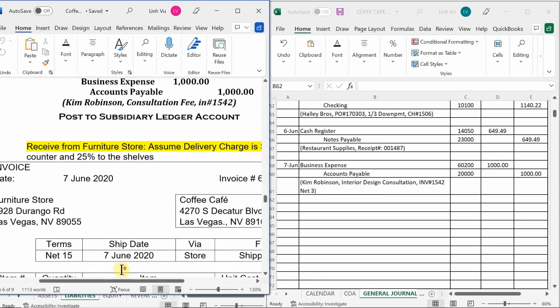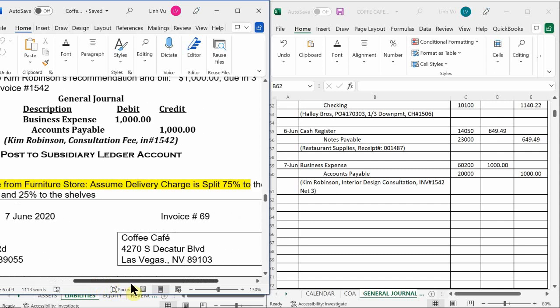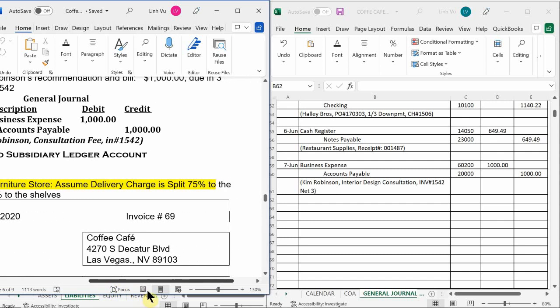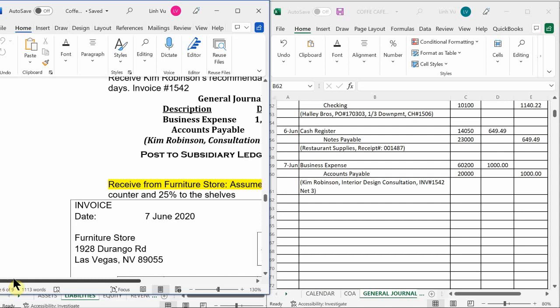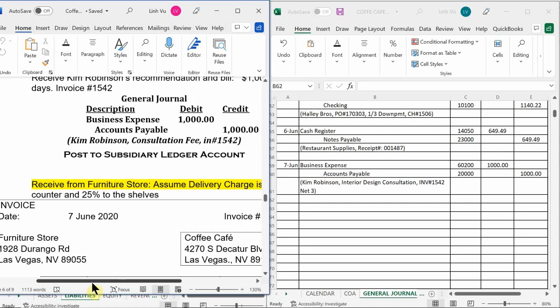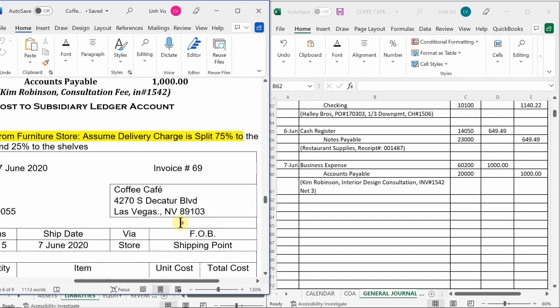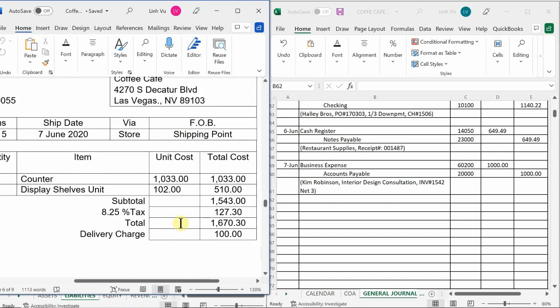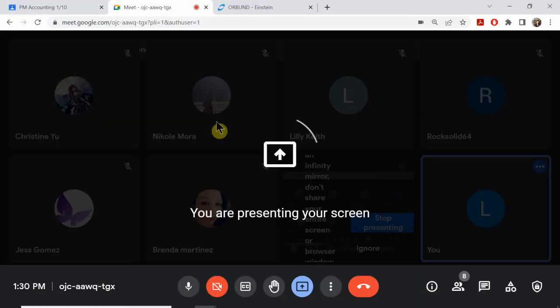Another thing that you need to know here is that at the top, it tells us that we are going to be splitting the shipping 75% to the counter and 25% to the shelves. The reason I do this is because, if you really want to, you can divide it amongst the cost.